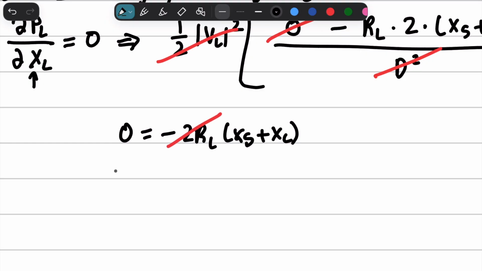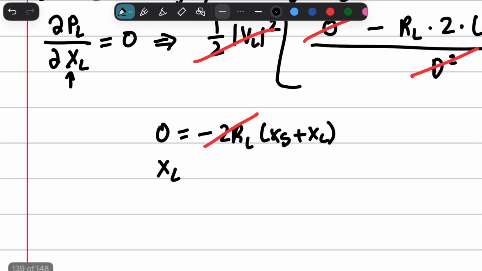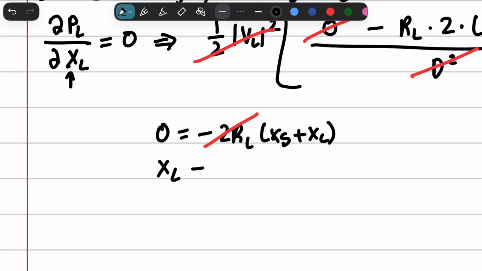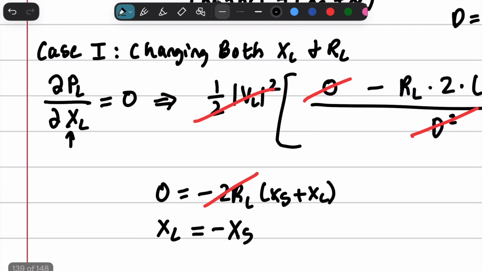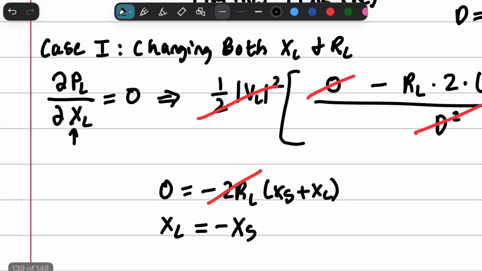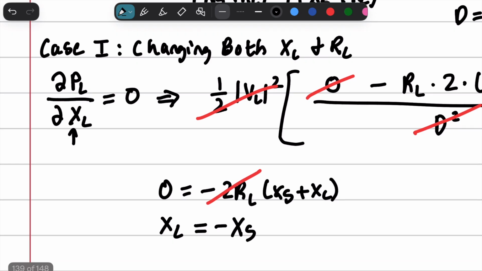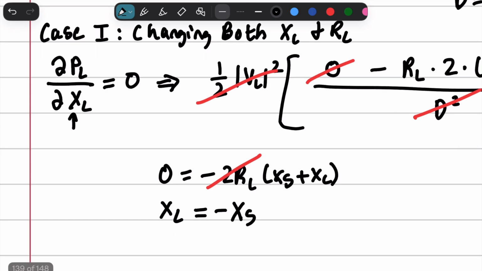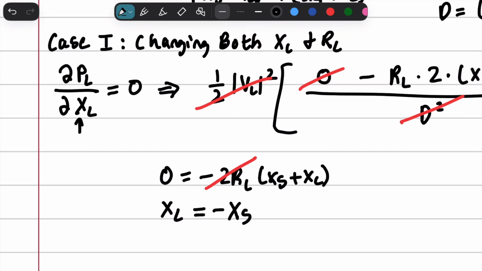So we're going to get XL, because we want to find what XL would be, equals negative XS. So essentially, what we're trying to say here is that if we're going to optimize this PL function, we're going to want XL to equal the negative of XS.